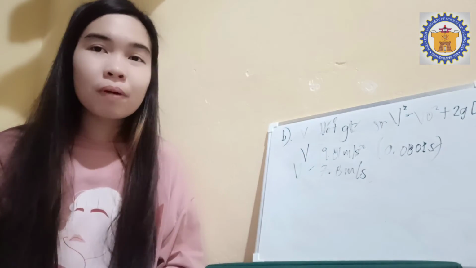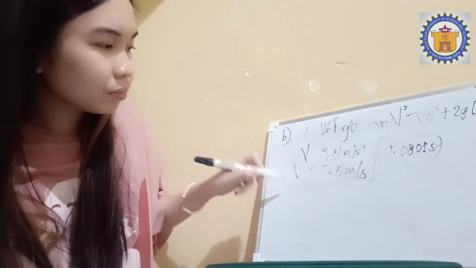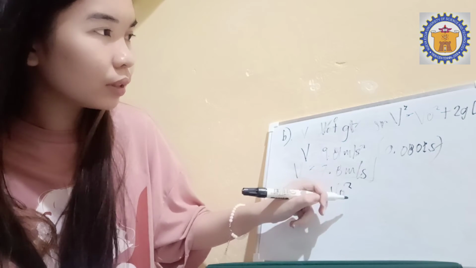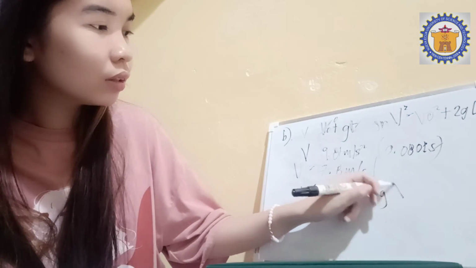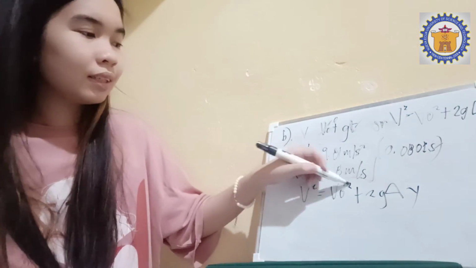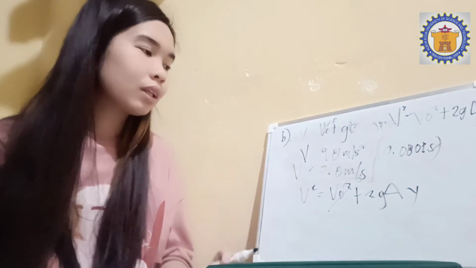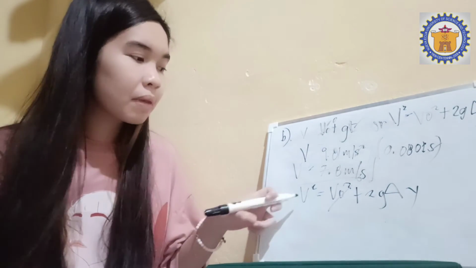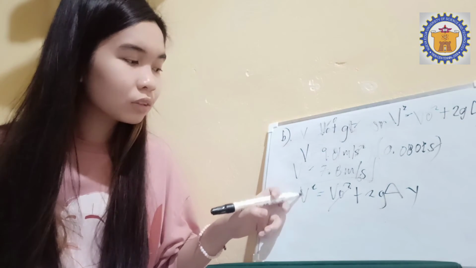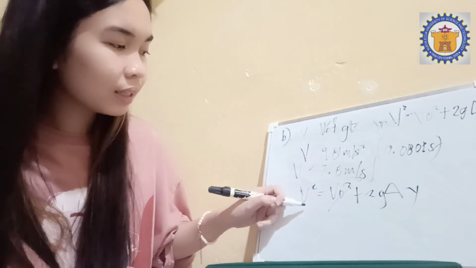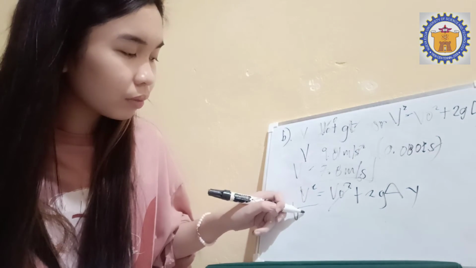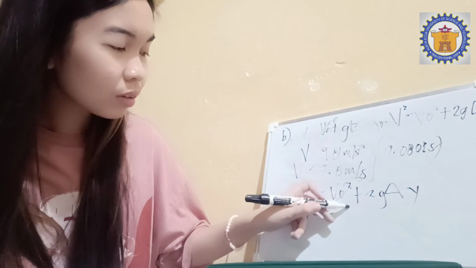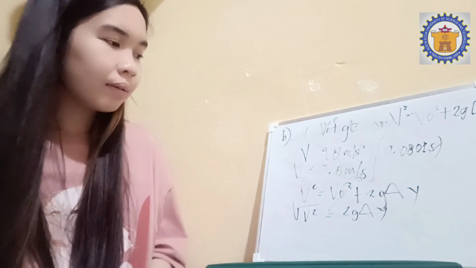So, i-try natin yung pangalawang equation. v squared is equals to v sub 0 squared plus 2g delta y. Cancel na natin itong si v sub 0 since equals lang naman siya sa 0. And, since ang hinahanap is speed, may squared pa to, kailangan nating tanggalin si square. So, para mawala yun, lagyan lang natin both sides ng square root. Square root of v squared is equals to square root of 2g delta y.